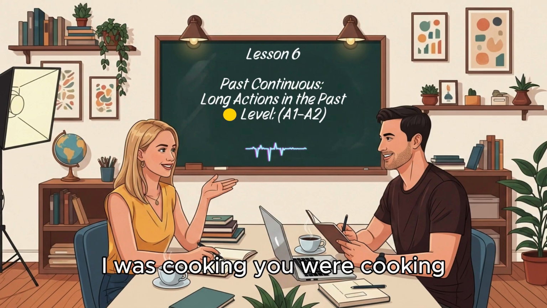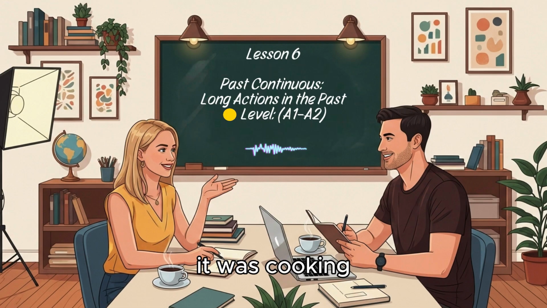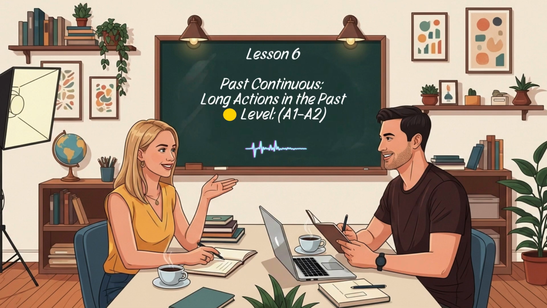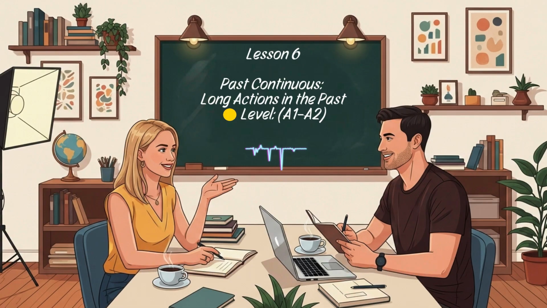Yes. Let's practice with the verb cook. Positive. I was cooking. You were cooking. He was cooking. She was cooking. It was cooking. We were cooking. They were cooking. Negative. I wasn't cooking. You weren't cooking. He wasn't cooking.